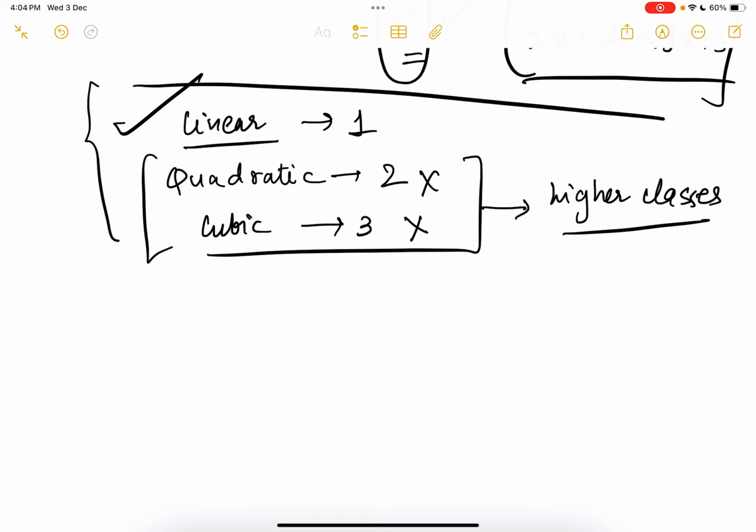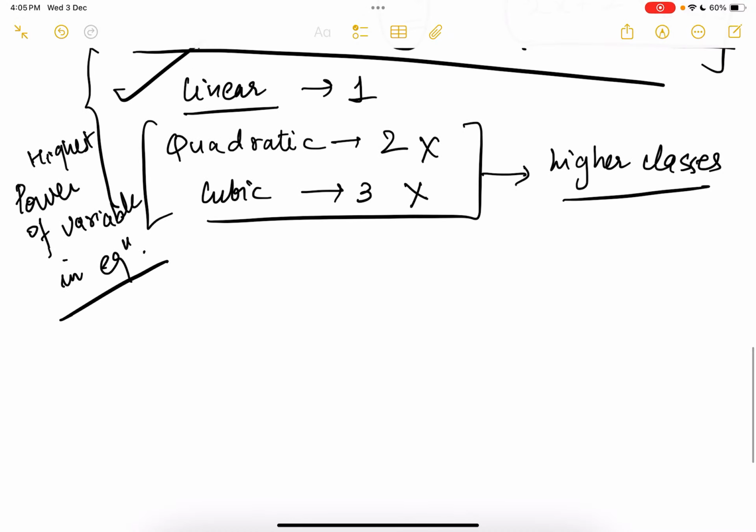This is about the power of the variable. Actually, it's not just the power of the variable, it's the highest power of the variable in an equation.